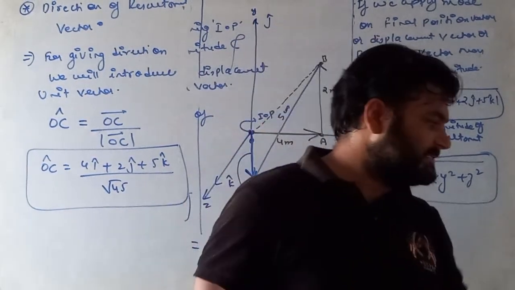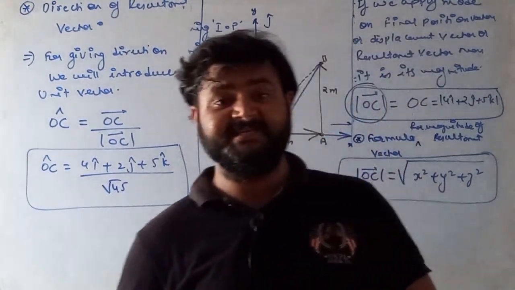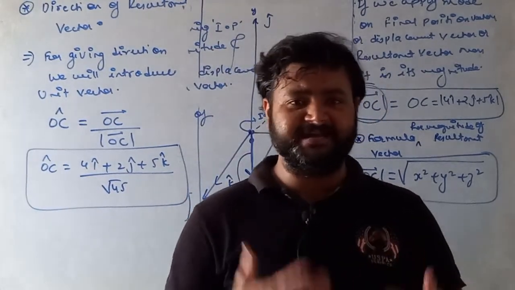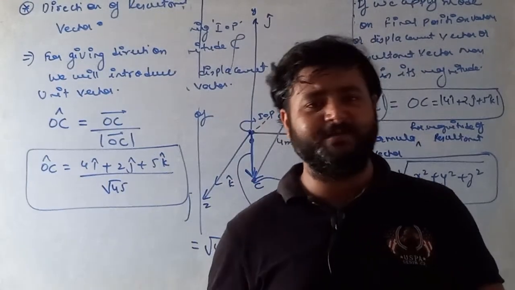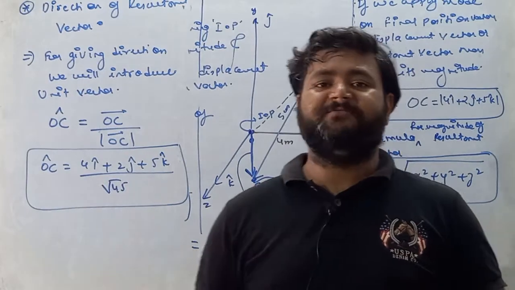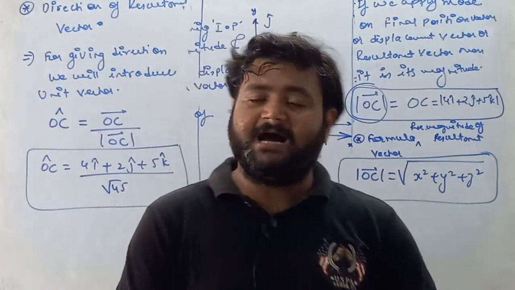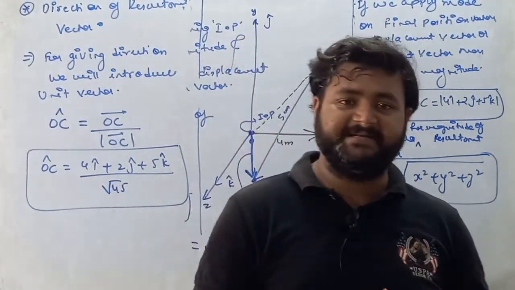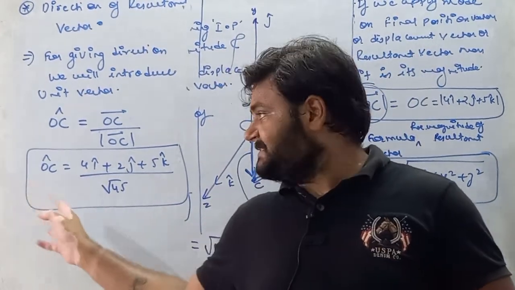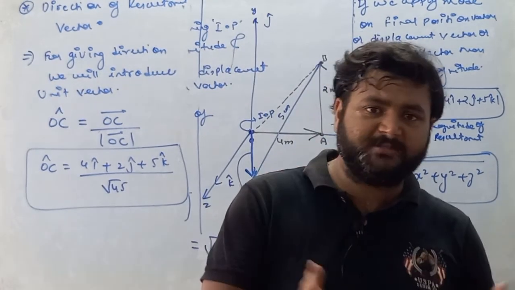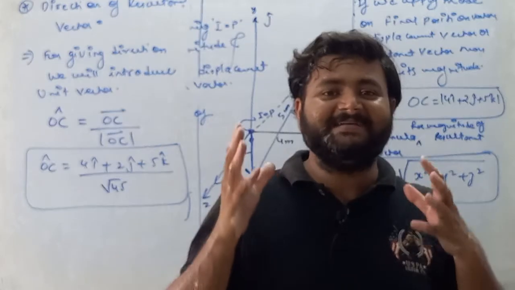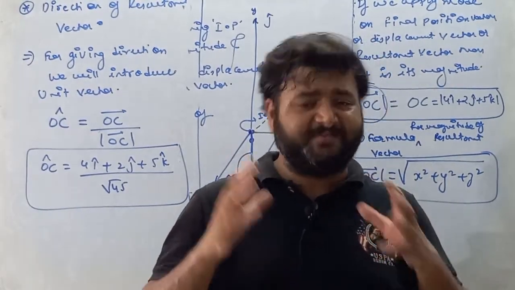So in this lecture, we'll discuss all the types of vector: parallel, anti-parallel, negative, zero, coplanar, collinear, unit vector. And in this topic, we'll learn how to express any vector quantity in terms of i cap, j cap and k cap. We'll also learn how to find the magnitude of any vector.